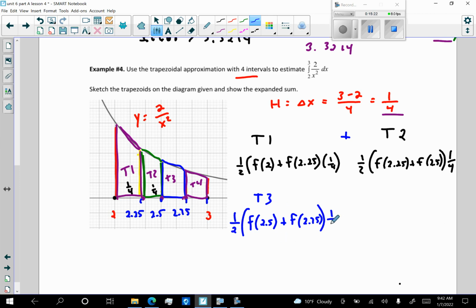The height is going to be 1/4. And then I'm going to add to that trapezoid 4. And trapezoid 4 in like manner is going to be 1/2 times f of 2.75 plus f of 3. And again, times the height of 1/4. So those are my 4 terms.